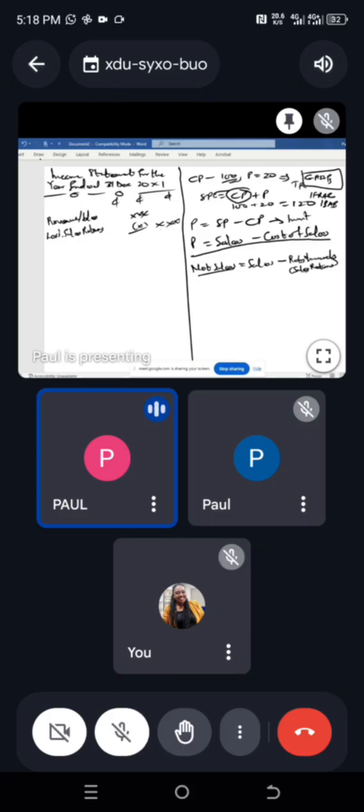So when it happens like that, you have to subtract the returns from the sales. So that's why here I did sales minus the returns.